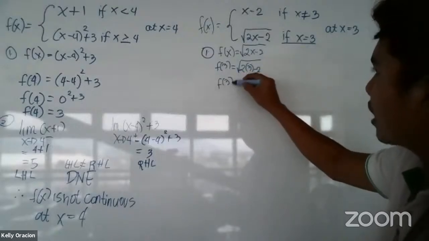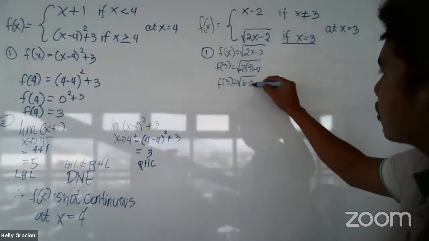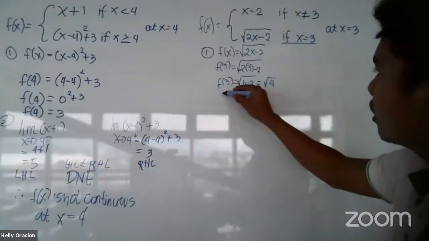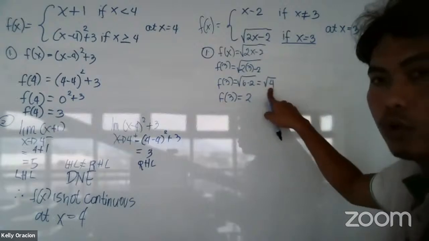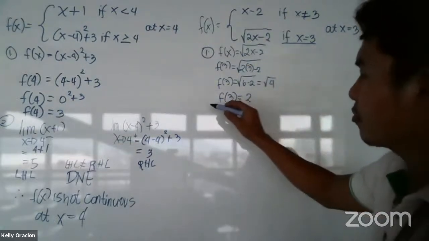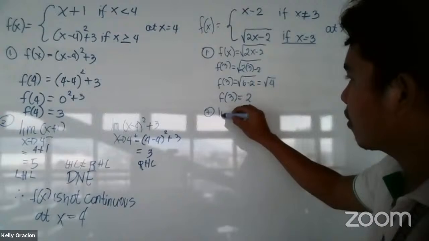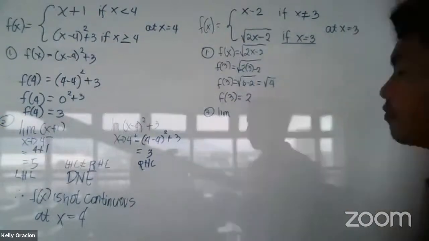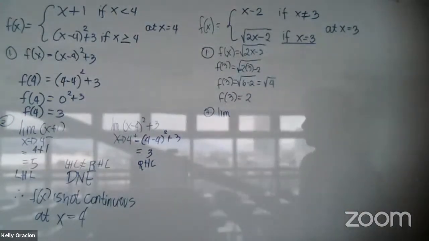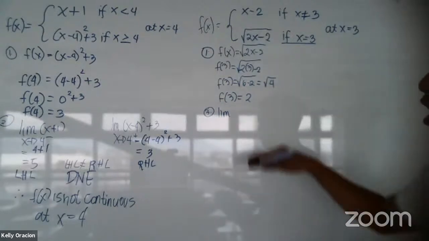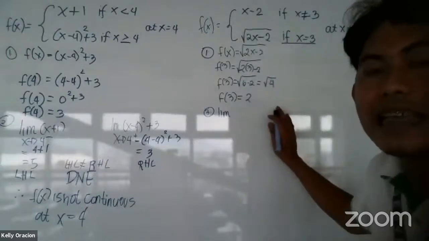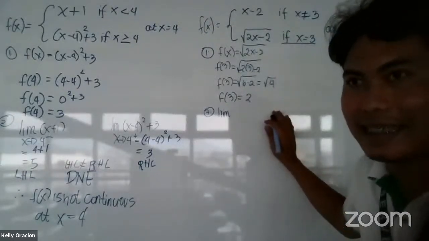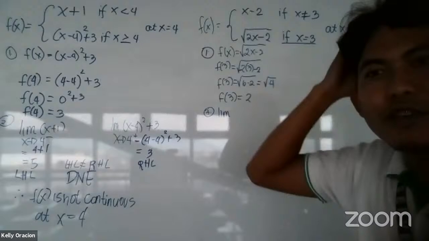So f of 3 is equal to the square root of 6 minus 2, which is the square root of 4. So f of 3 is equal to 2. The square root of 4 is 2. Does the first condition exist? Yes, it exists.